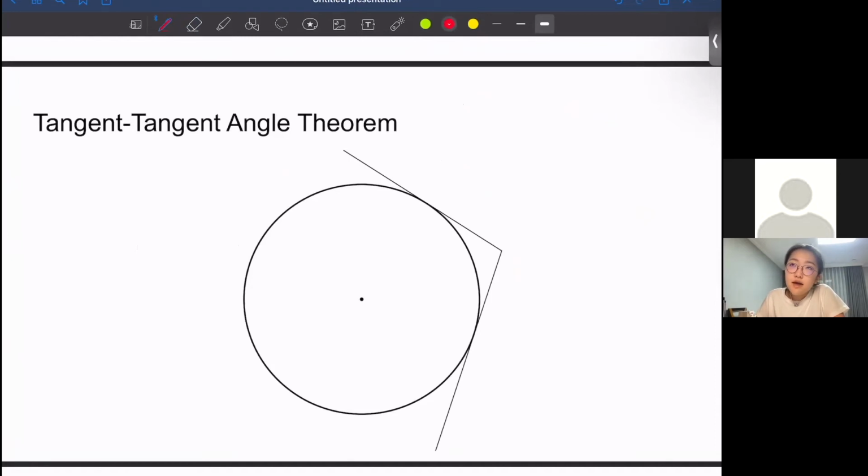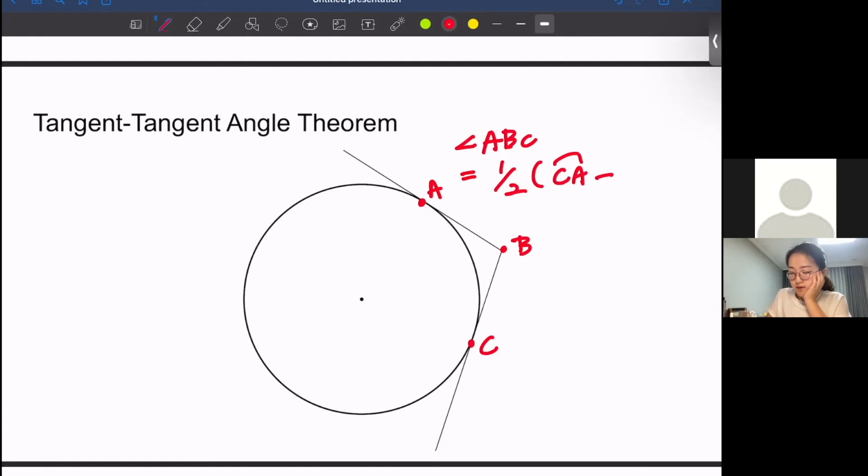Tangent angle theorem. We first need to label all the points, right? And this theorem tells us that angle ABC is half the measure of arc AC subtracted by arc CA.